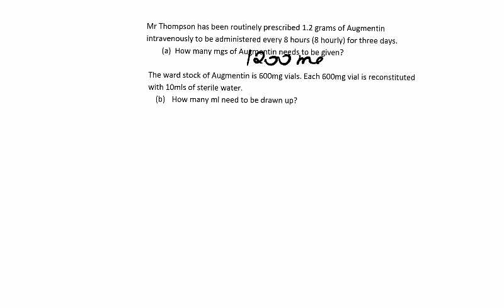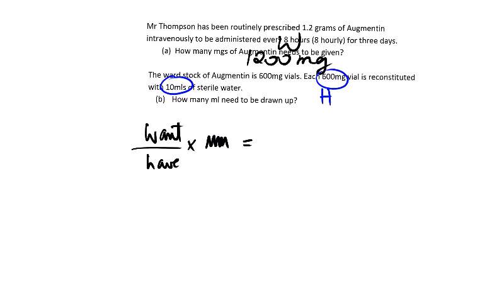If you decided you actually wanted to use the formula method for this, so again, our answer for part A was 1200 milligrams. The 600 milligram vial reconstituted with 10 mils is our have. And what we want to give to the patient is the answer to question A. So if we want to use the formula, 1 over have times the volume or the third quantity, we want 1200 milligrams.